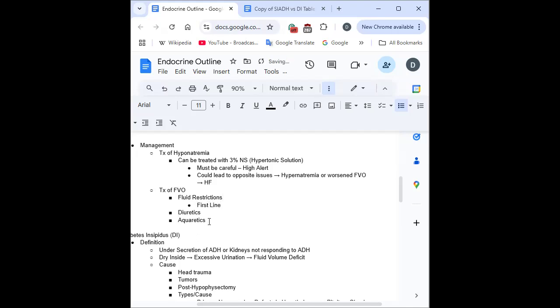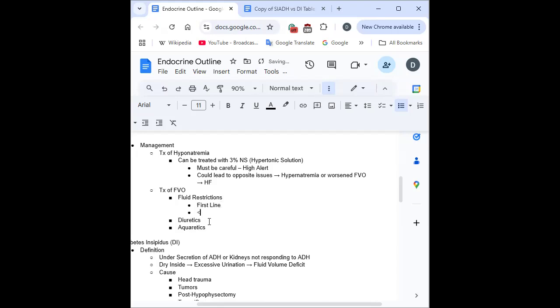Every time you think about fluid restriction, I think she in my class said less than 800 ml a day. But I've seen different numbers. It's up to the policy, up to the doctor. But your fluid restriction is first line, 800 ml per day. And it probably has something to do with the output.